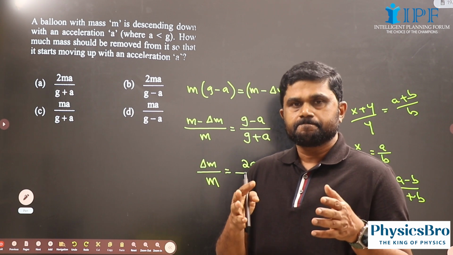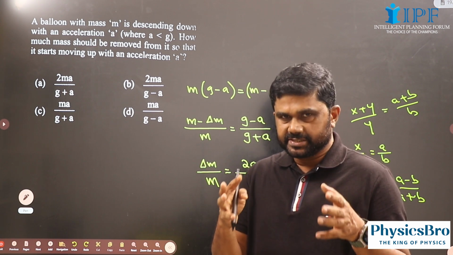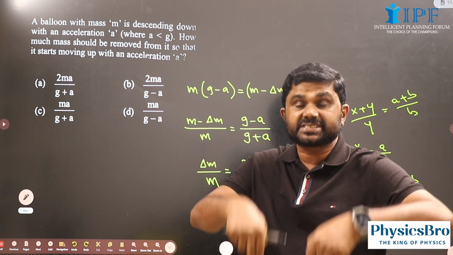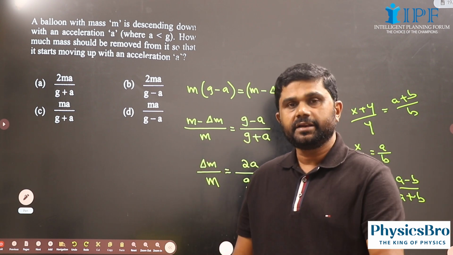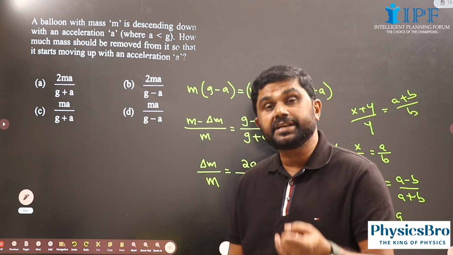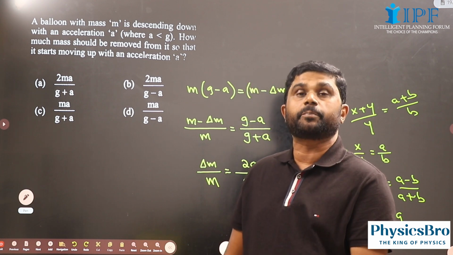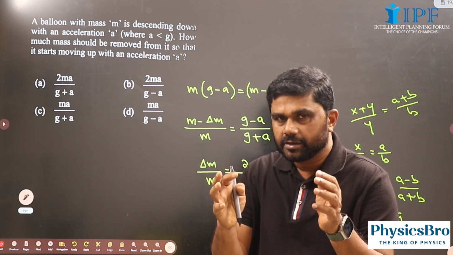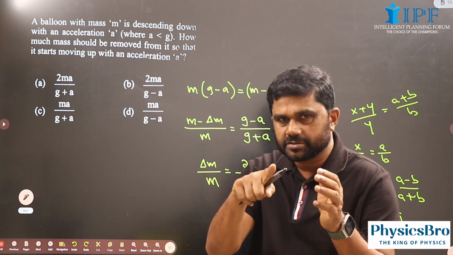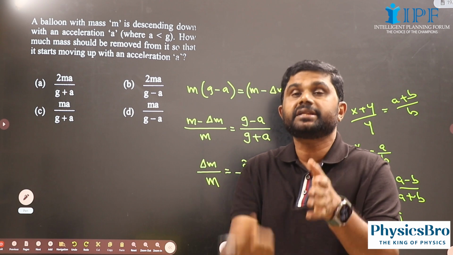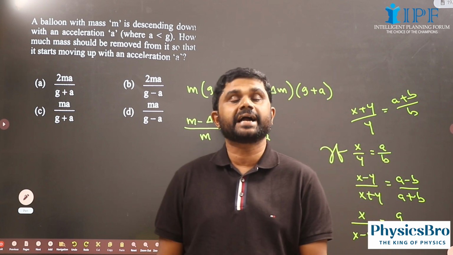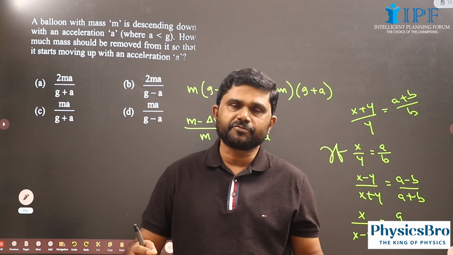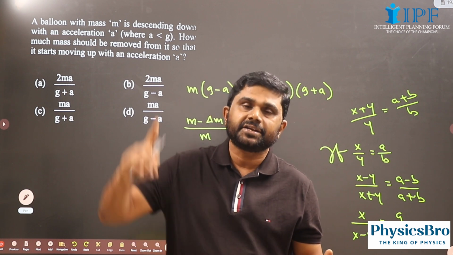Apparent weight means the force with which the block presses on the floor of the lift. Then the lift will exert an equal reaction on the block in the upward direction. So m into g plus a is the force exerted by the floor of the lift on the block in the upward direction. So m into g plus a acts upwards and mg acts downwards. So the resultant force will be ma, and it is acting upwards.